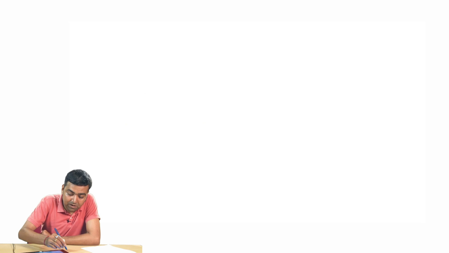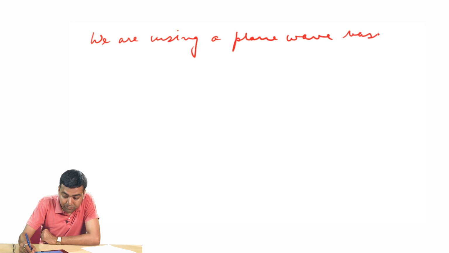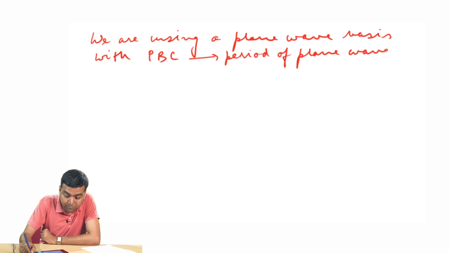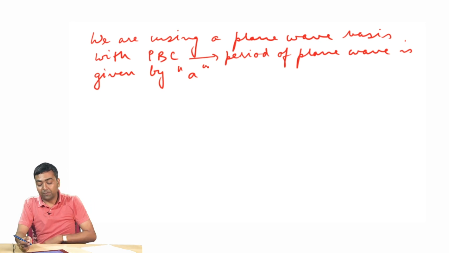Also, another thing one should note is that we are using here a plane wave basis with periodic boundary condition, where the period of the plane wave is given by A. So, what does this mean to our problem?